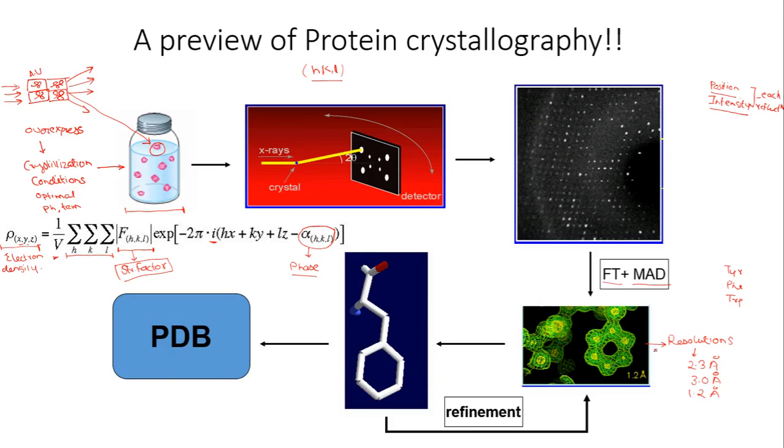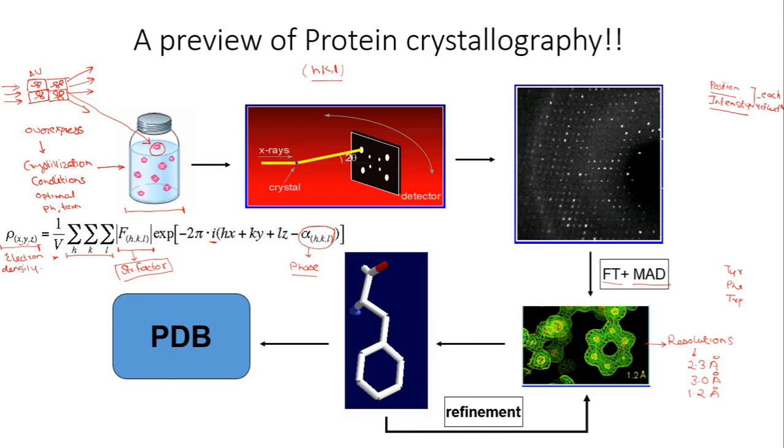In this way you try to create a three-dimensional model of the amino acid residues that would fit into your electron density map, and then you iteratively perform the process of refinement.